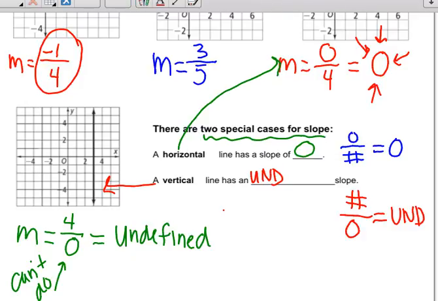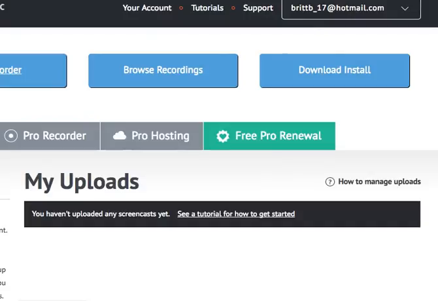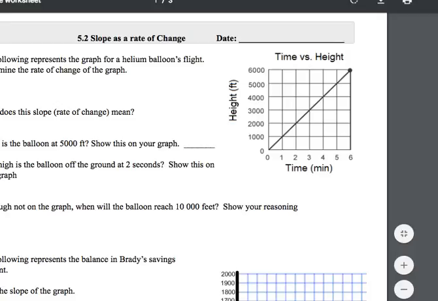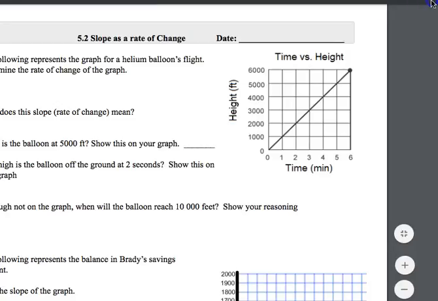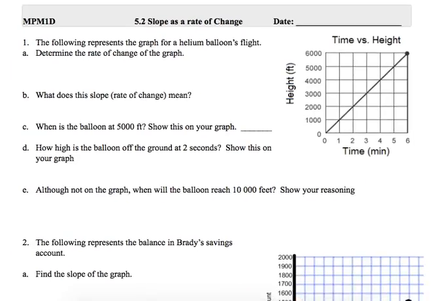Okay? We will finish this lesson tomorrow when I'm back, but I just want to show you what your homework looks like for tonight. So let's look here on the internet. Let me grab it. So your first worksheet, oops, let me scroll you over. Here we are.